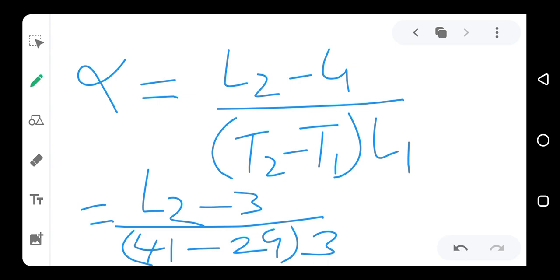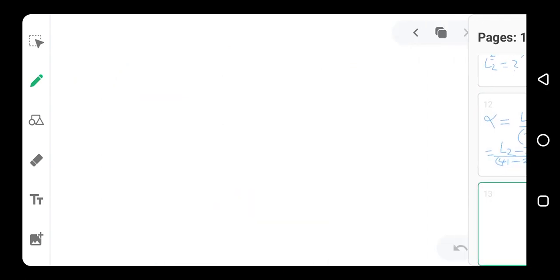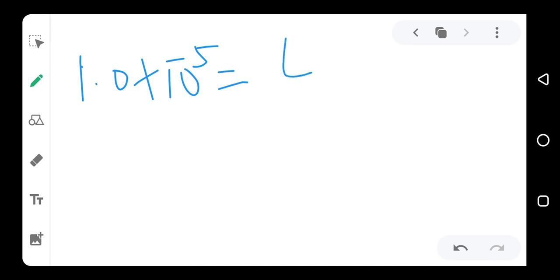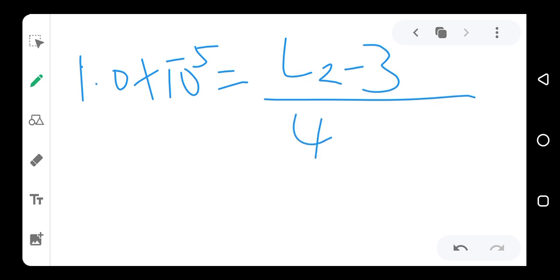Now we know our alpha. Our linear expansivity is 1.0 times 10 raised to power minus 5.